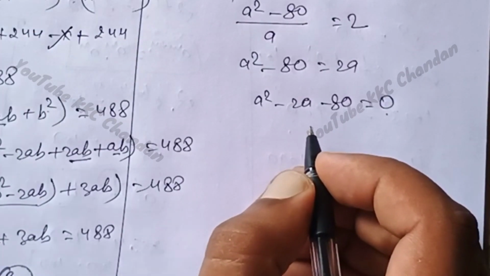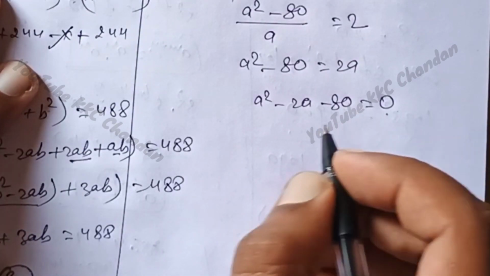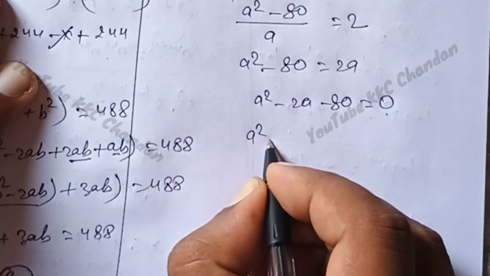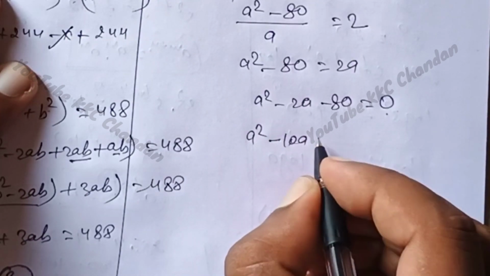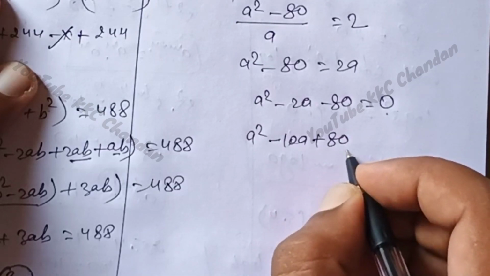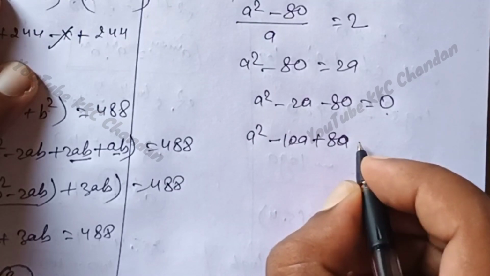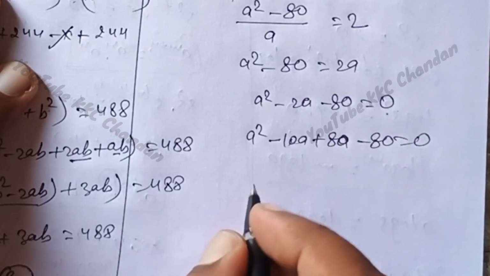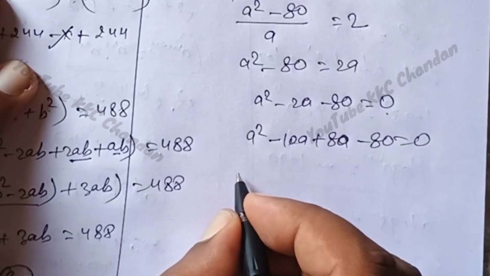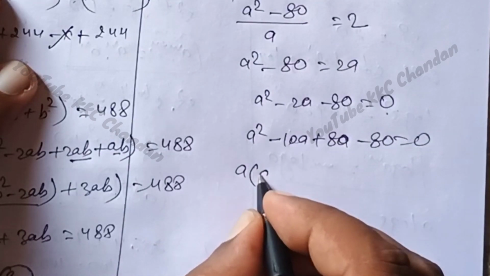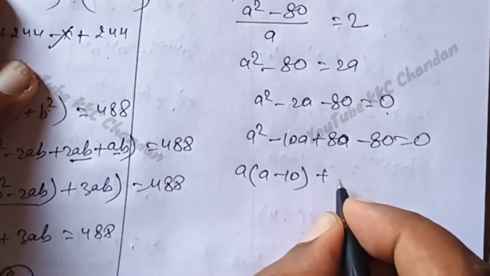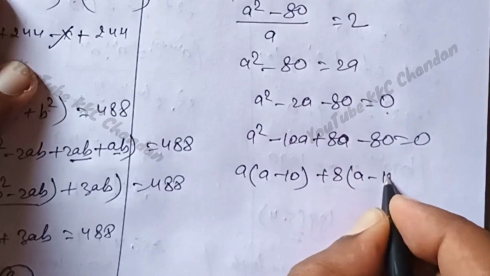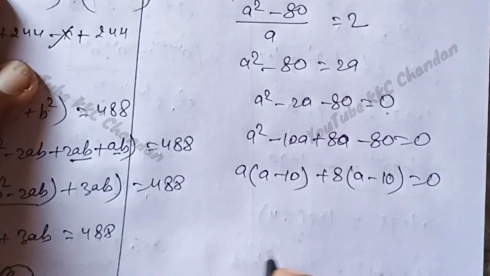Apply the quadratic equation. A square minus 10A plus 8A minus 80 is equal to 0. Taking common, A minus 10 plus 8, A minus 10, bracket close, is equal to 0.